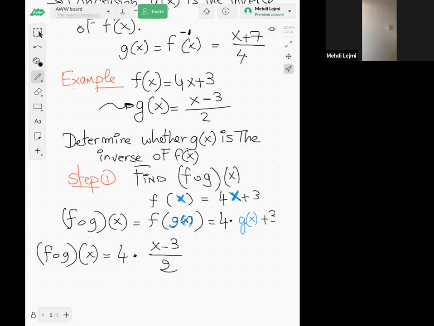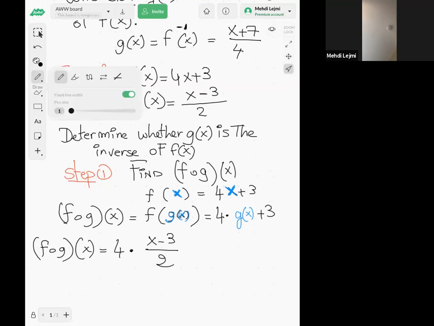And then don't forget there's this plus 3 here. So don't forget the plus 3. Okay, now let's simplify this thing here. As I said, first you have this 4 times this fraction. Just divide the 4 by 1. So this 4 here is 4 over 1.